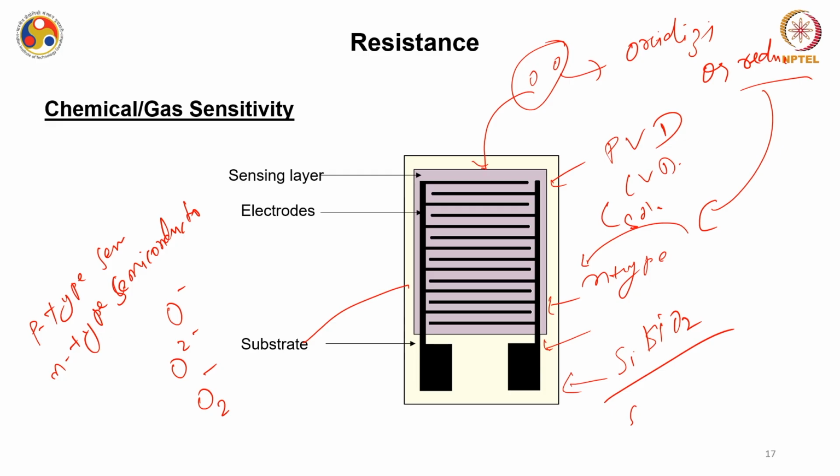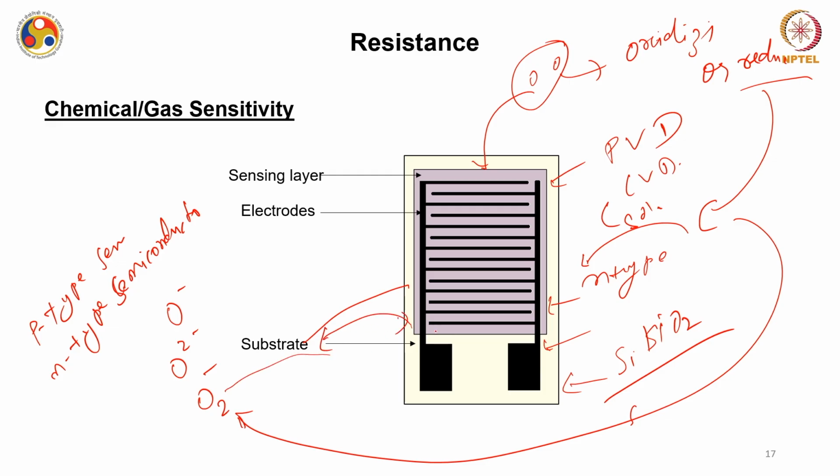This reducing gas interacts with these oxygen species, and accordingly electron exchange happens between the oxygen and the film. So there should be interaction between the film and the gas, but in between you have an intermediate stage in the form of oxygen. We'll discuss this under chemical sensors.